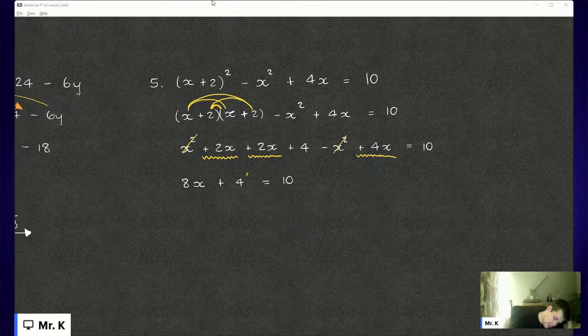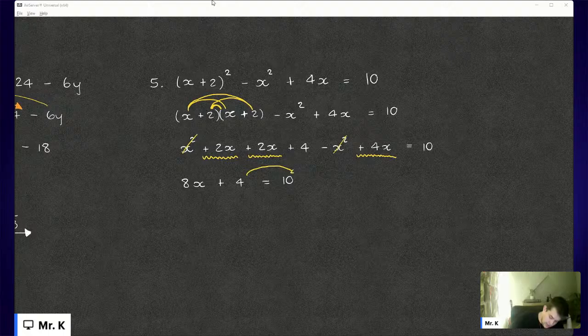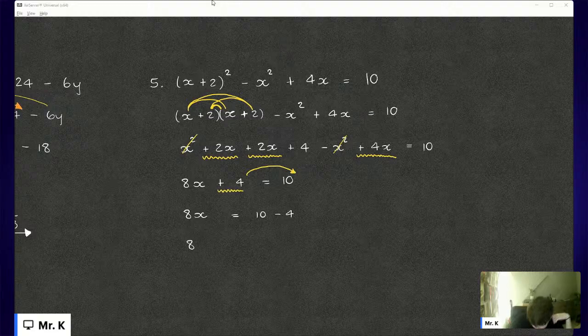We can now take this over to the right-hand side. But remember, our sign needs to change. So on the left, we're going to have 8x. On the right, we're going to have 10 minus 4, which gives us 6. Okay? Now, it's very normal, guys, to get some answers that really aren't super great, like this one over here. Remember, we always want to get the variable on its own.